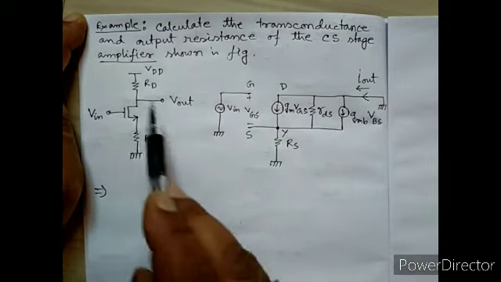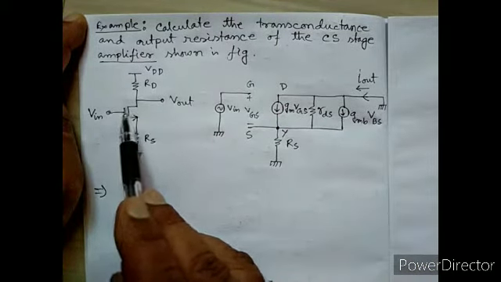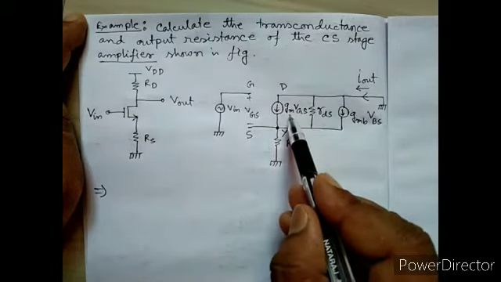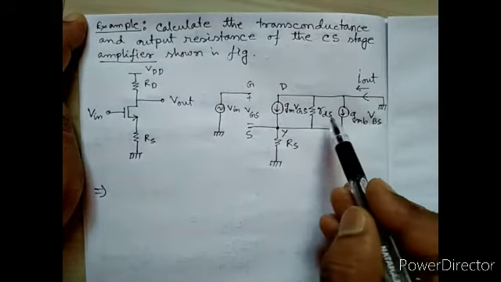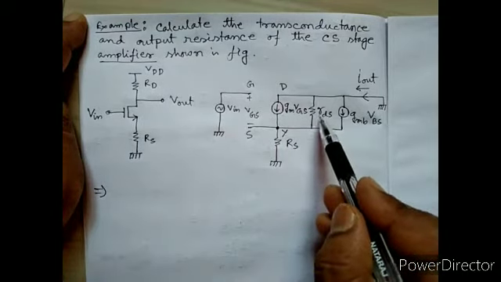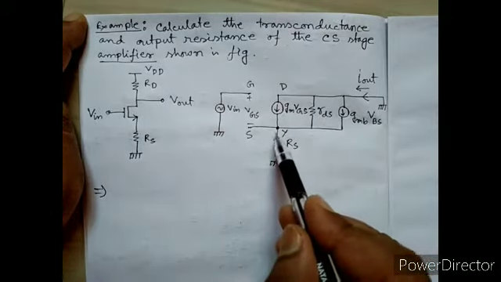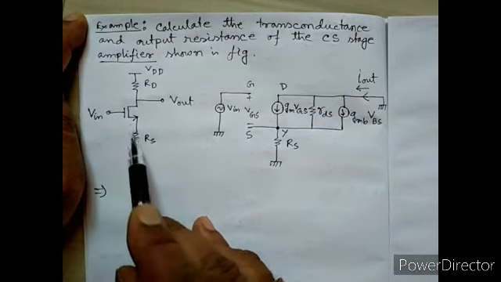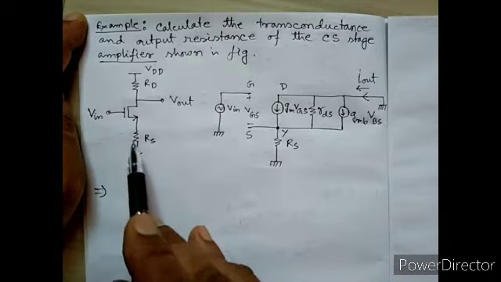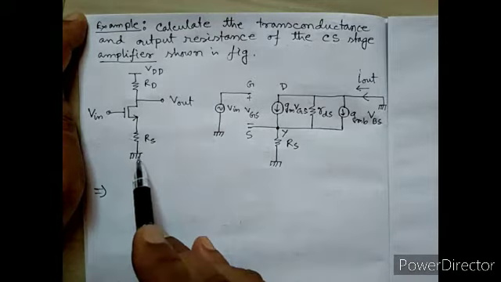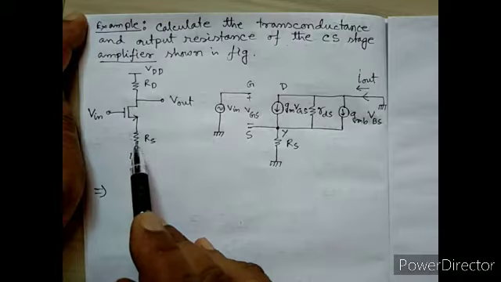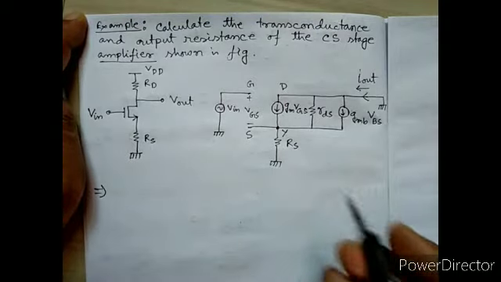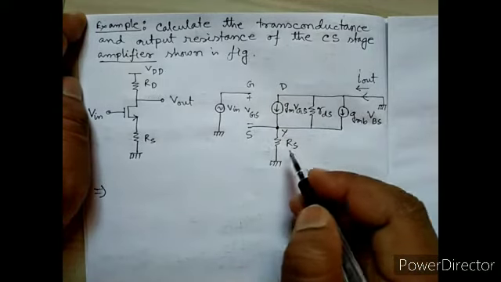Now if we draw the equivalent of the NMOS, there is a dependent current source gm VGS, and the output resistance RDS. Here you can see there is a source resistance RS between the source terminal and ground. Due to that, a body effect will come across.